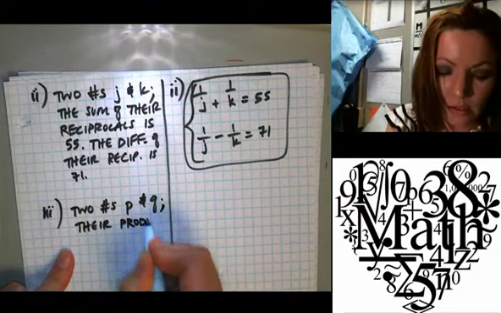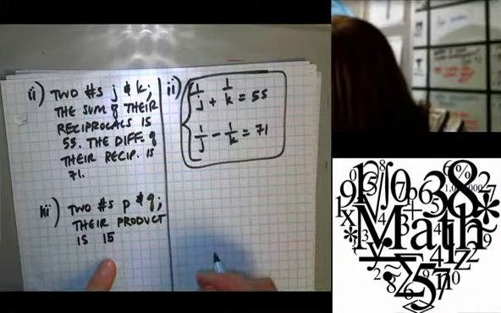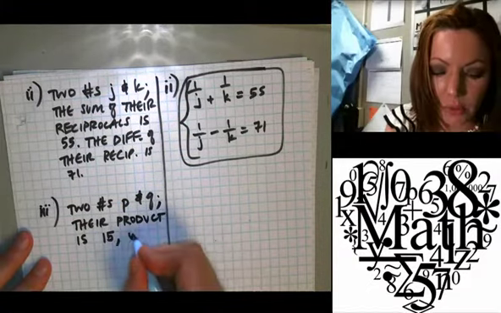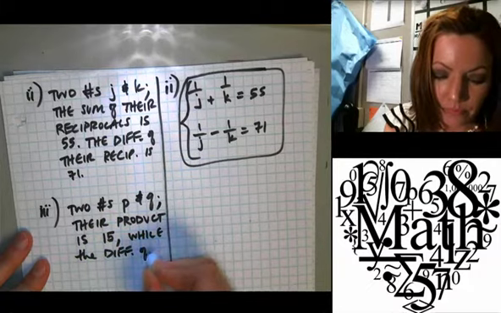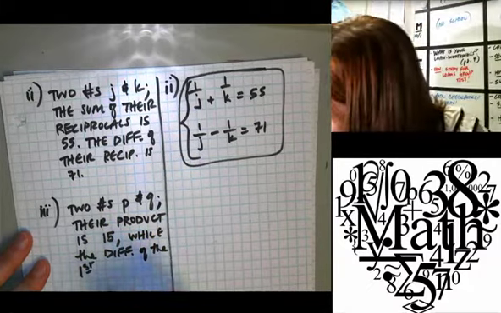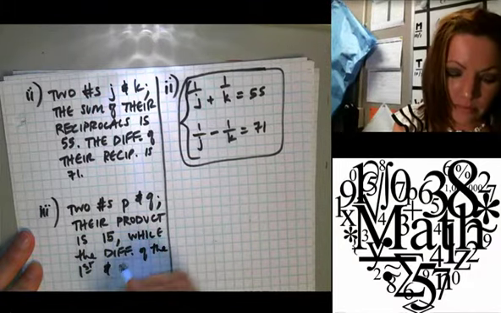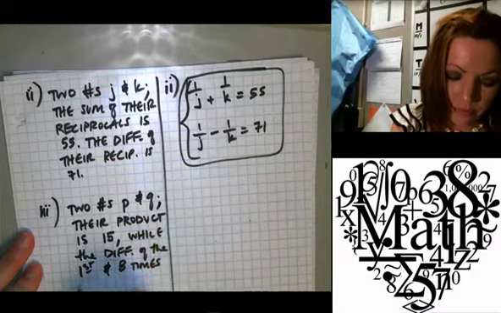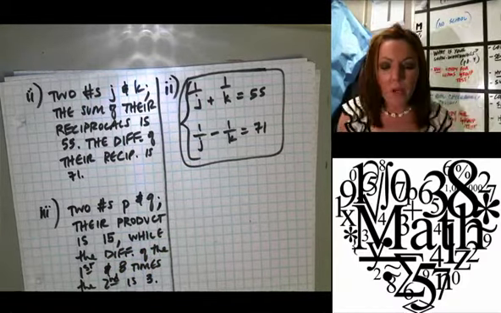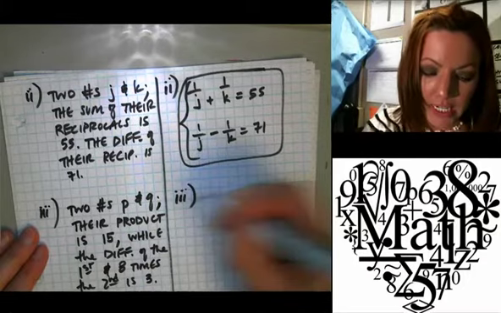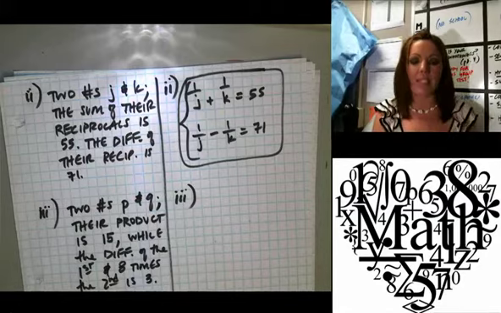While the difference of the first and 8 times the second is 3. You guys are going to like this one. Two numbers p and q, their product is 15, while the difference of the first and 8 times the second is 3.